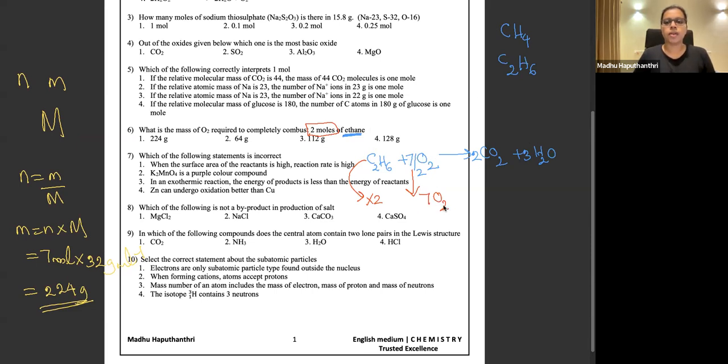Then it's coming to 7 moles of oxygen. Then I can find the mass through this equation: 7 times 32 grams per mole, because the relative atomic mass of oxygen is 16. So that information, take it in.